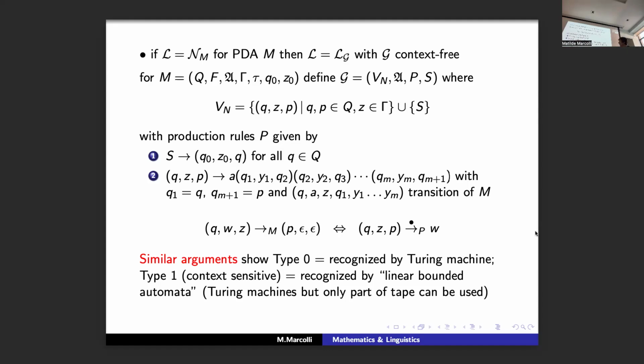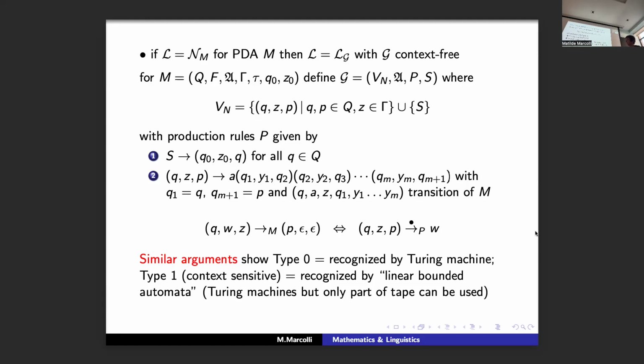Then if you have a transition in the automaton that starts with a certain state and uses a letter in the alphabet and in the stack, and goes to a new state and deposits a certain word in the stack, you think of this word as giving you the intermediate steps of your calculation in the grammar.